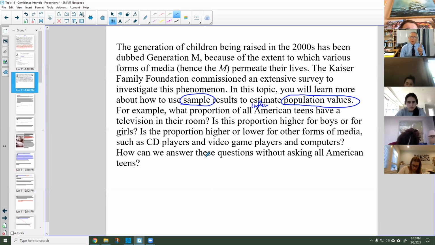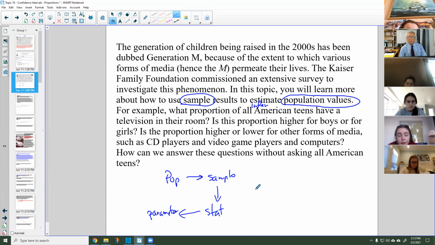But we need to be able to go from samples to populations: here's a population, from there we take a sample, and from there we get some statistics. And if we've done everything right, then we can infer a parameter. We're going to learn how to do that.